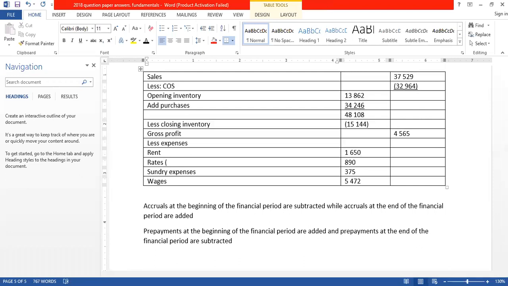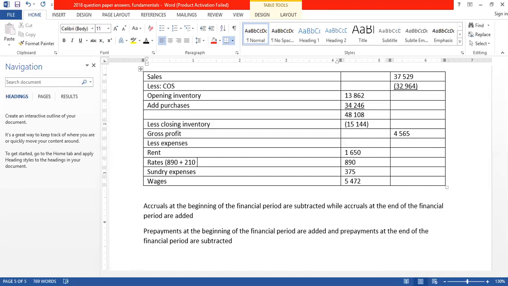We have the original amount that is paid, 890. So we have to add the prepayment at the beginning of the period, which is 210. Prepayments at the beginning are added, while prepayments at the end are subtracted.